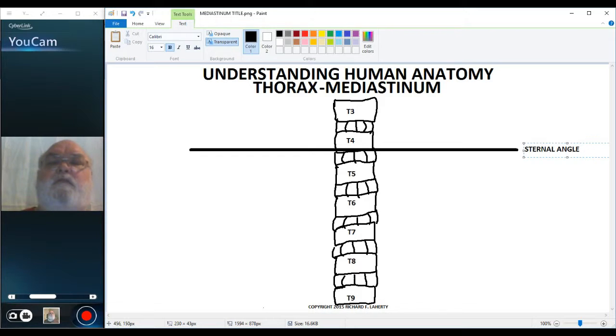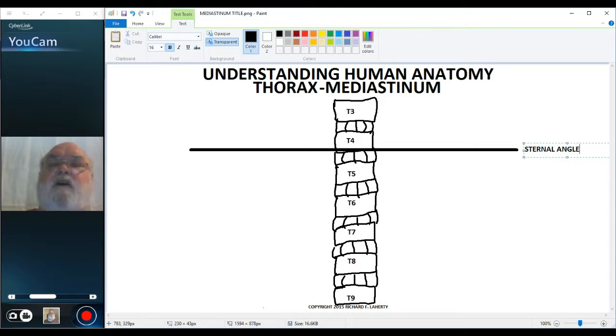Now, all of the mediastinum above the level of T4, above this line, is superior mediastinum. Below this line, we have the anterior, middle, and posterior mediastinums.